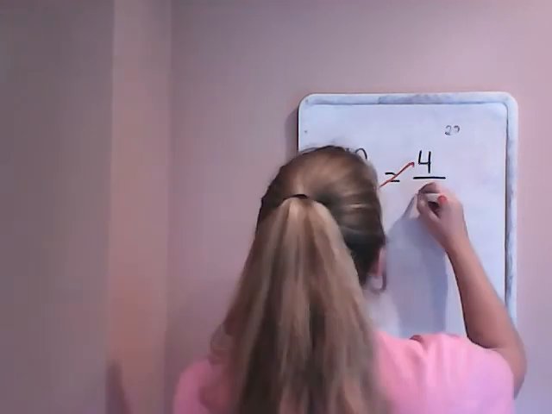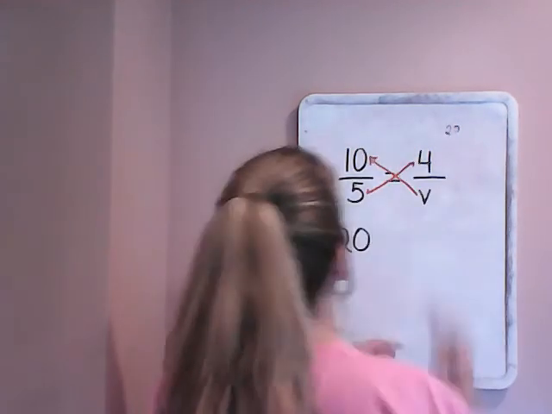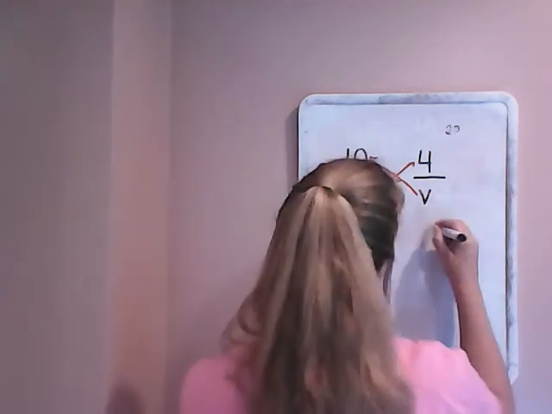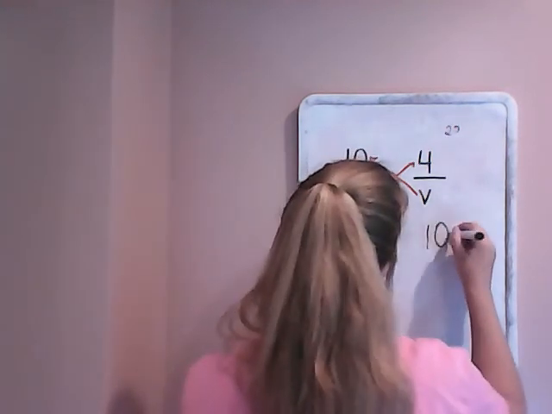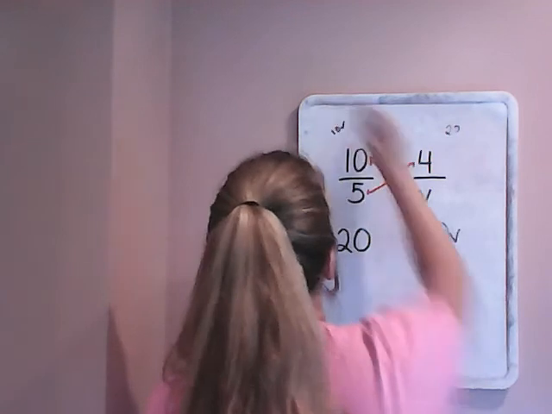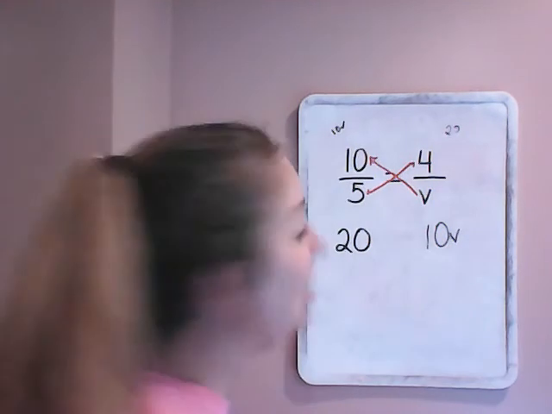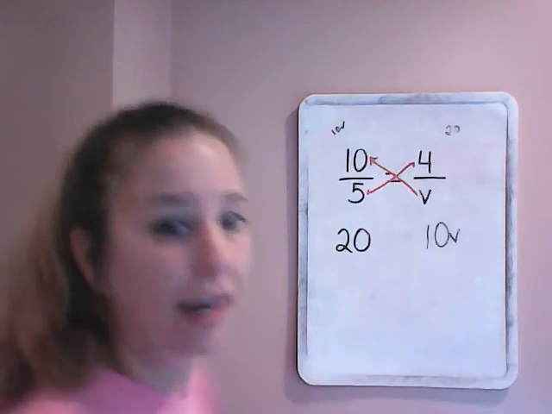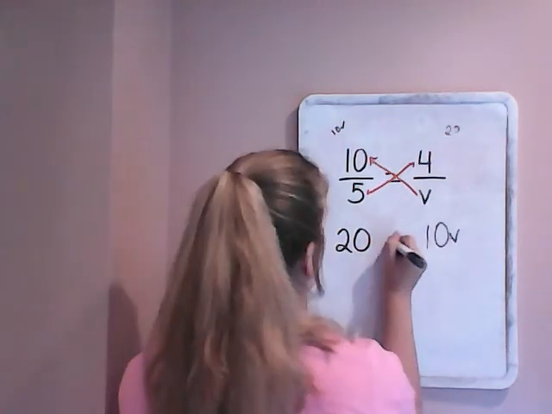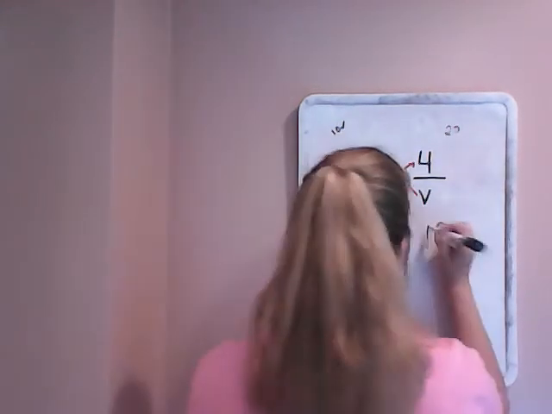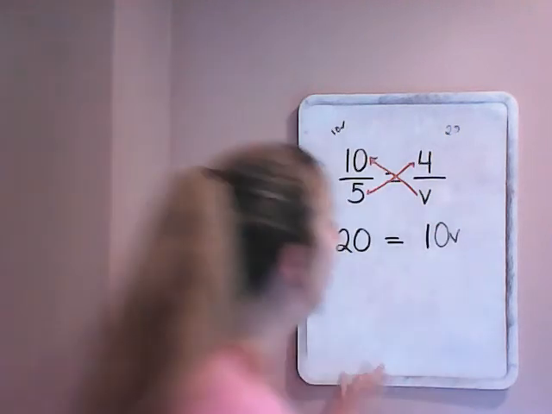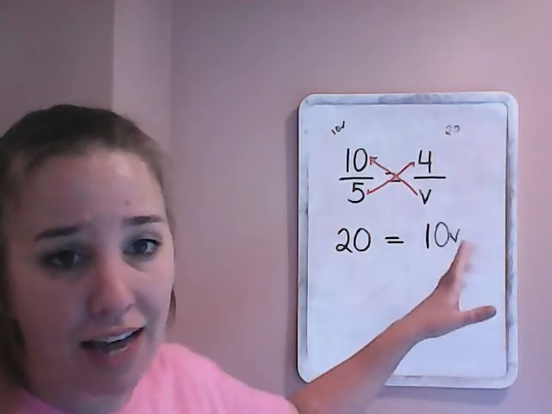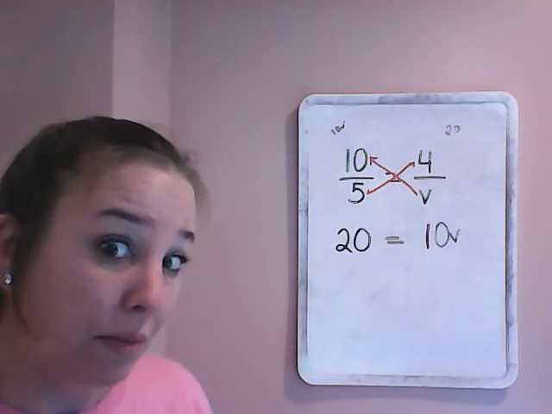And then I'm going to cross multiply here, v times 10, which is 10v, right? Or 10v, you could put it there if you like. But we know that these are equivalent this time. So I can go ahead and stick a little equal sign right in there. And now what we're looking at is a one-step equation, right? 10 times v, how do you undo a times?